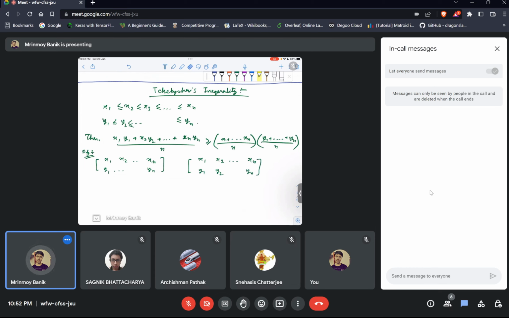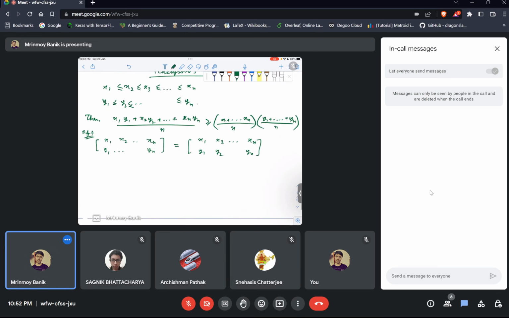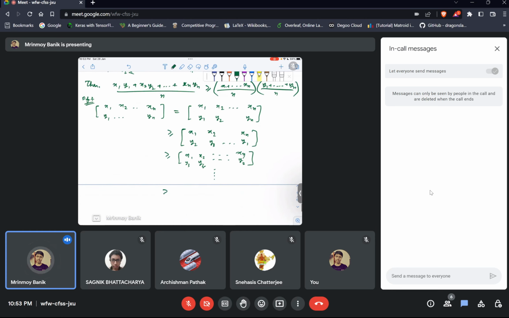So then this is more aptly written as equal to. Next we will rotate it one by one to the left, so y2, y3 up to y1. Next again y3, y4 up till y2, like that, up till the last one will be totally the reverse.